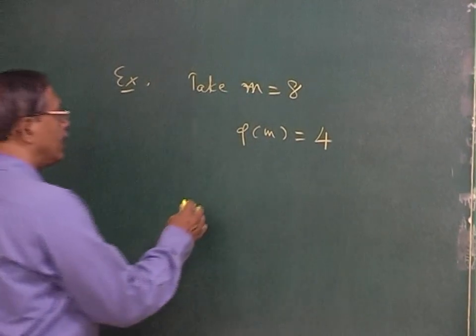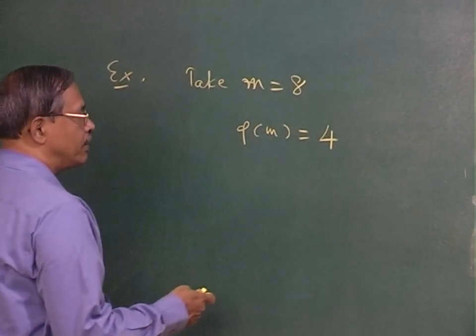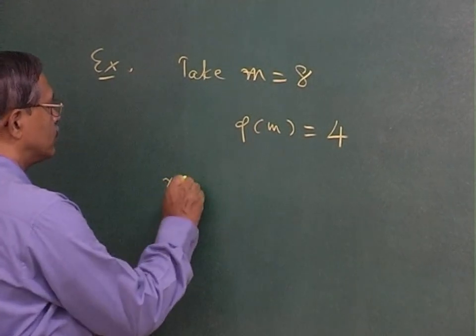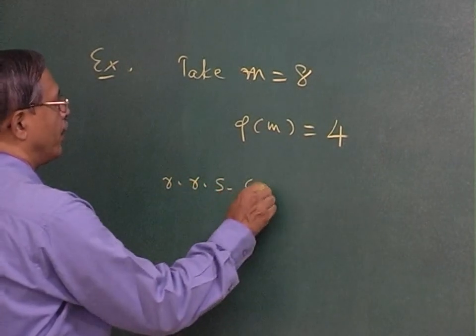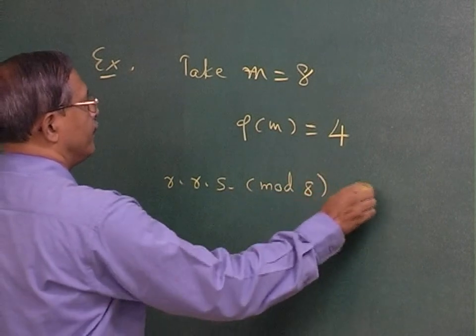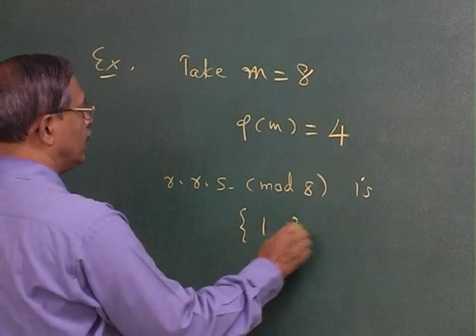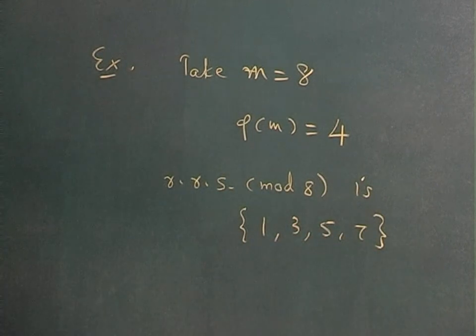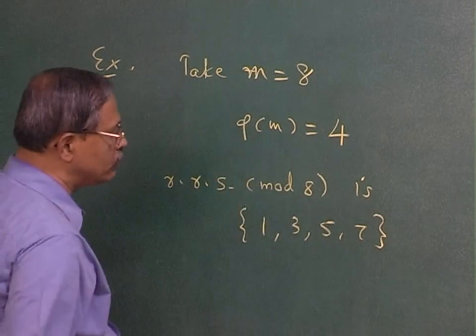If you take the elements in the reduced residue system, that is the elements which are co-prime to m, the reduced residue system mod 8 is the set 1, 3, 5, 7. This is the standard reduced residue system. That is, you consider numbers from 0 to 7 and find out which of them are co-prime to 8. So 1, 3, 5, 7 are co-prime to 8.